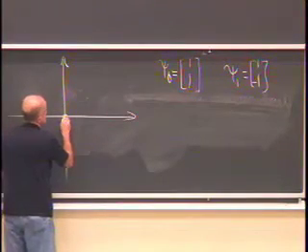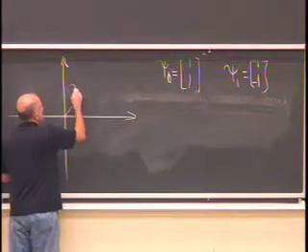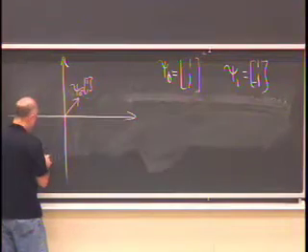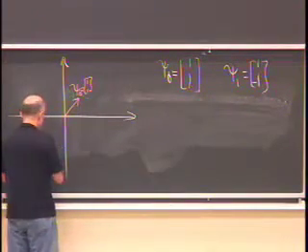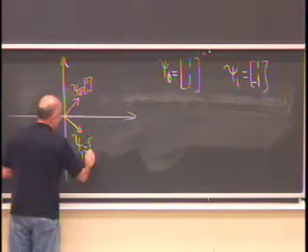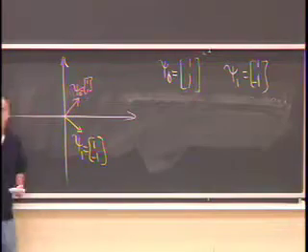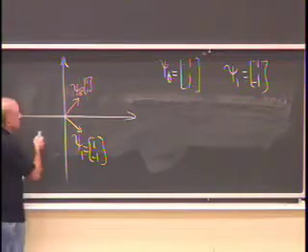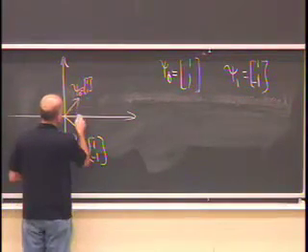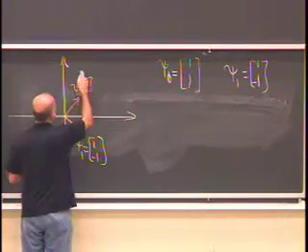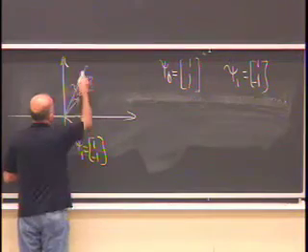So instead of the red and the yellow vectors there, now I have C0 is 1, 1. And C1 is 1, negative 1. And I have my vector x, which was, what was it? 1, 2. Something like that.